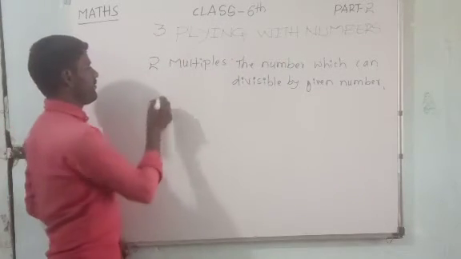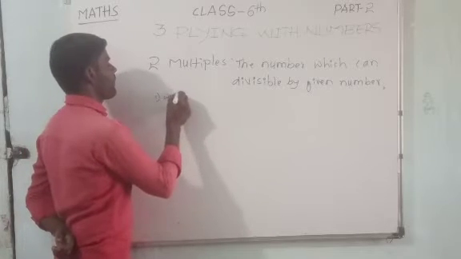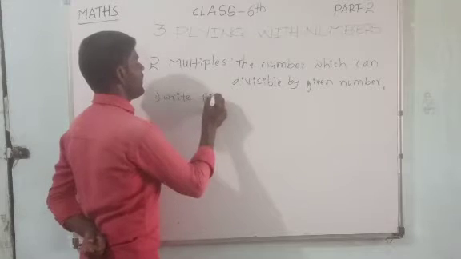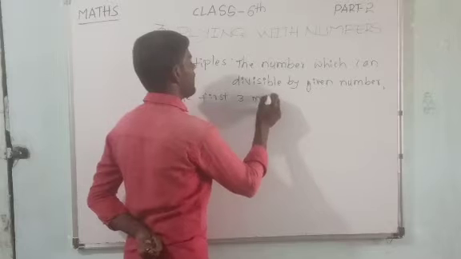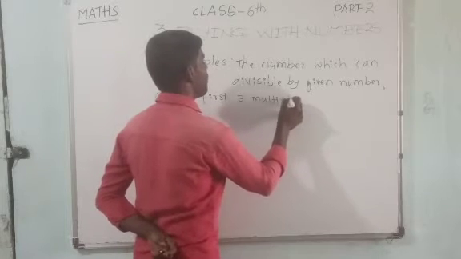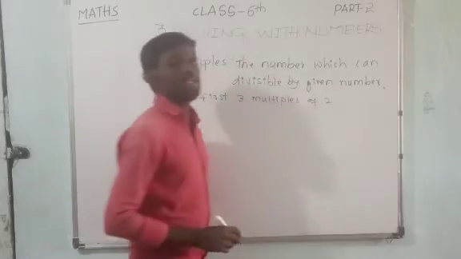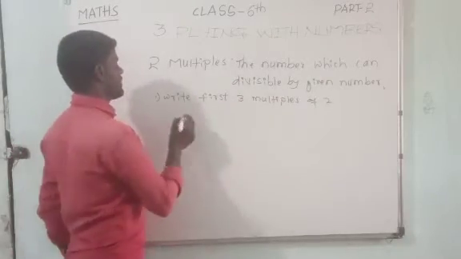Example 1. Write the first three multiples of 2. Dear children, you know that multiples of 2, first three they are asking.